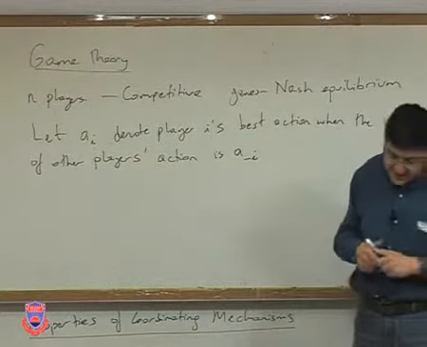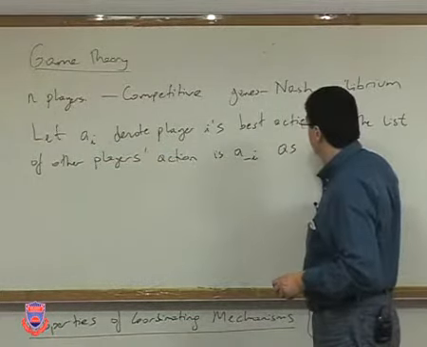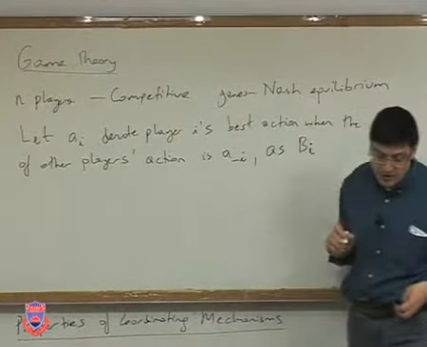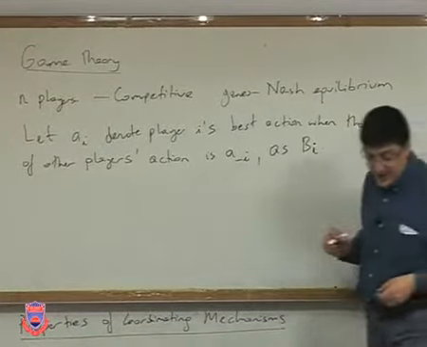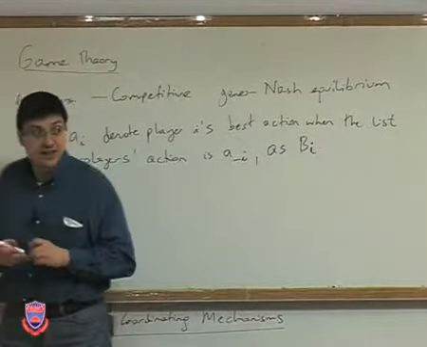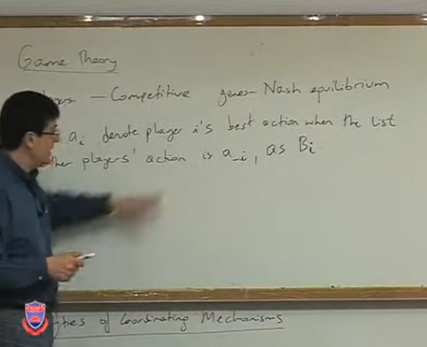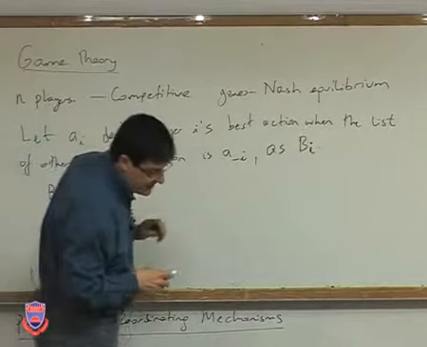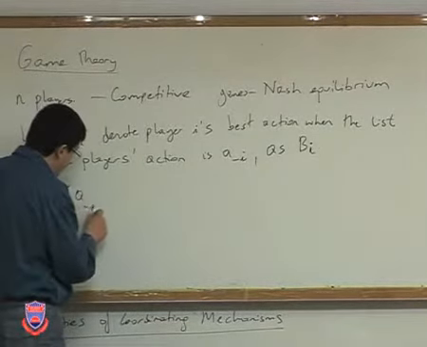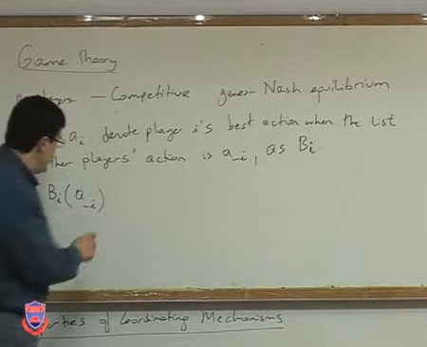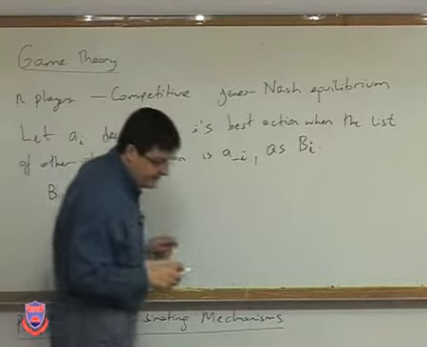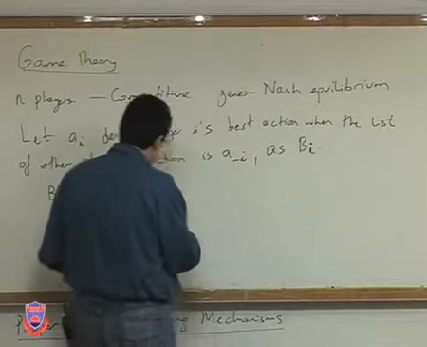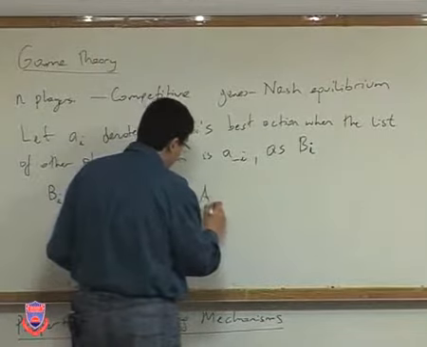So this is a vector, and this is not a vector. I am going to define b sub i as the best action that player i can take given the others. So b sub i is the best action, and it is a function of the actions of the other players, given as a sub i in some set capital A sub i.